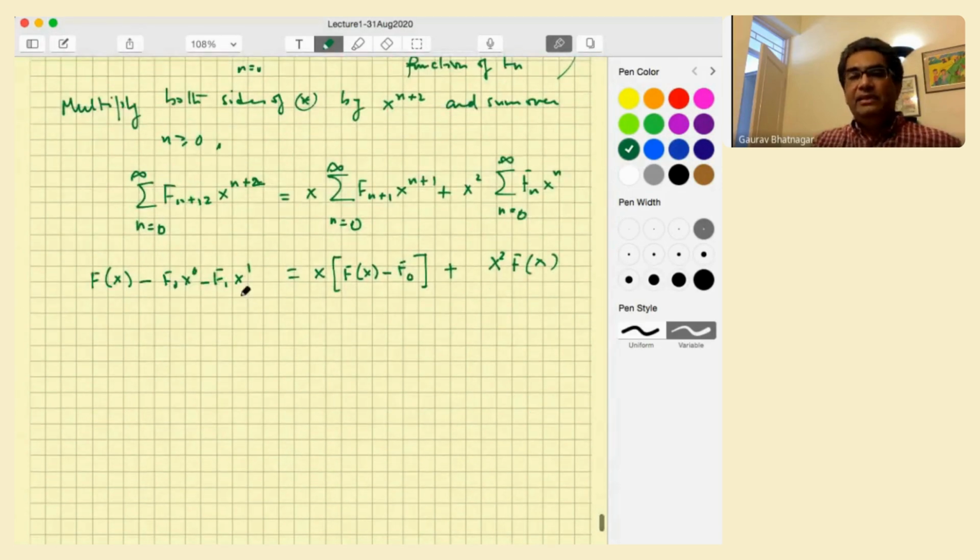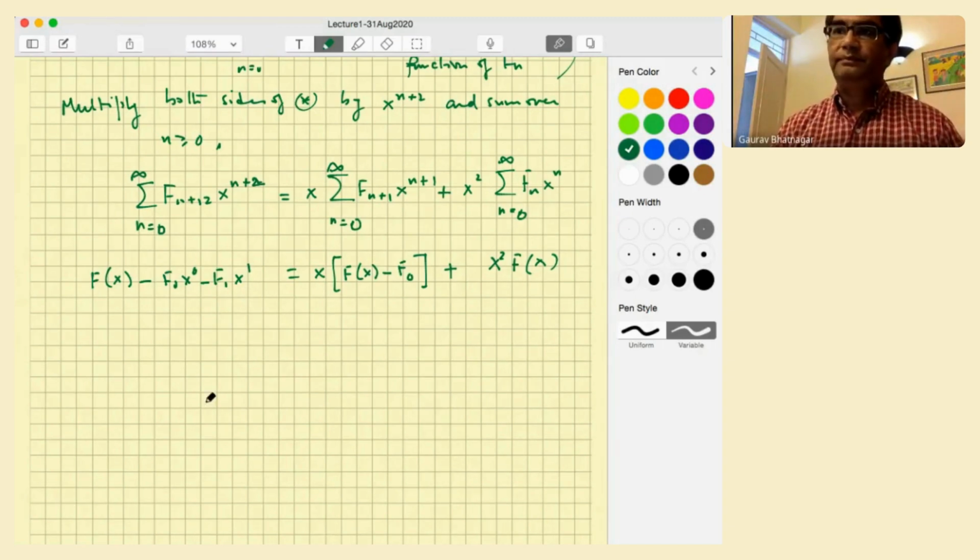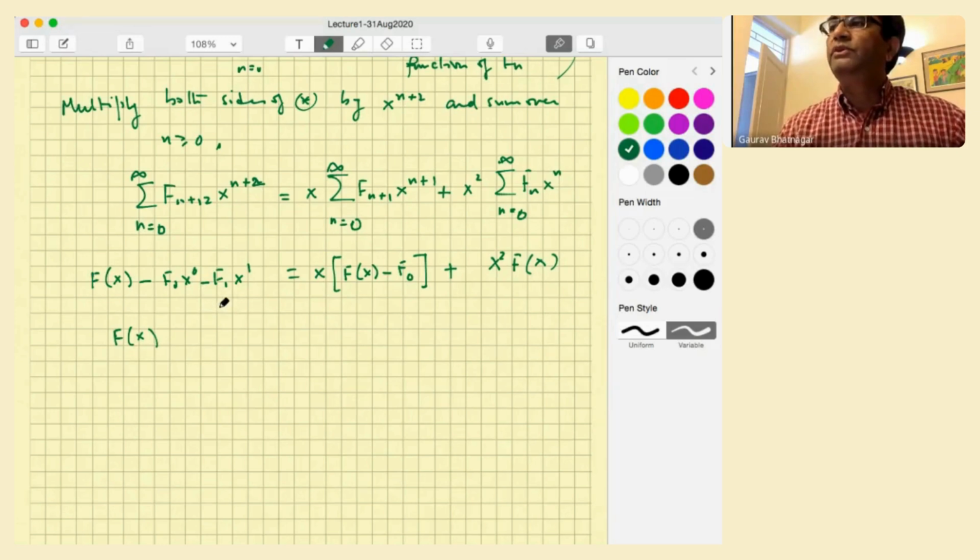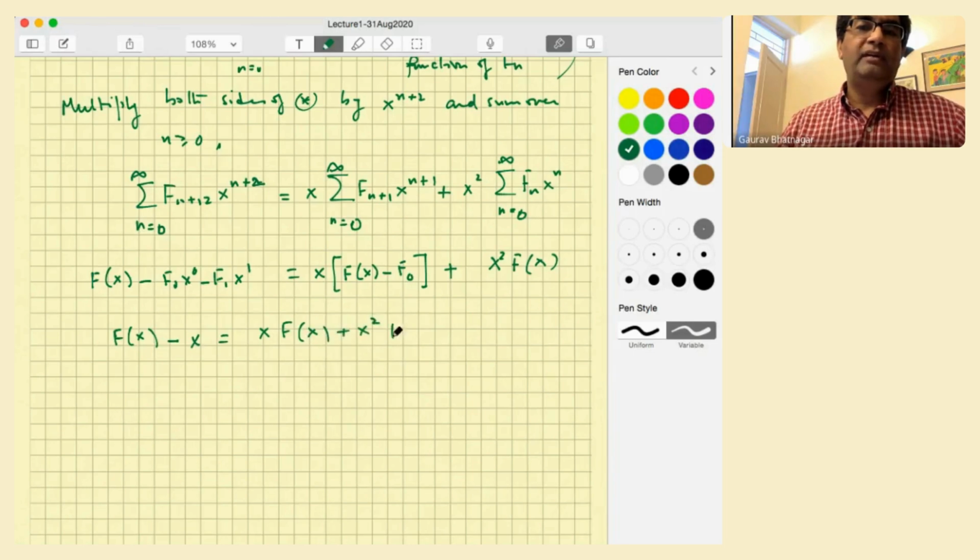And this is where the first two terms come out. Okay. So we get f of x, and f0 is 0, luckily. So that's one good reason for putting f0 equal to 0 rather than 1. I mean, you get the same solution, but you start with 0. And f1 is 1. And this is x times f of x plus x squared times f of x.